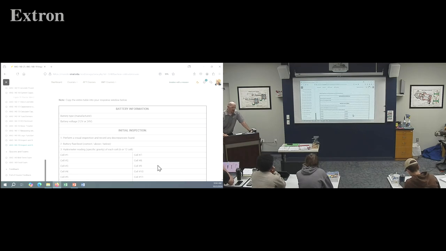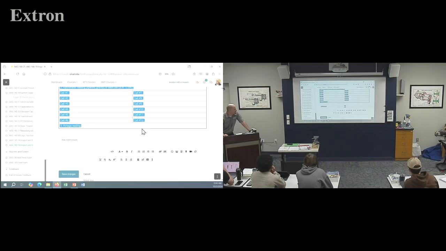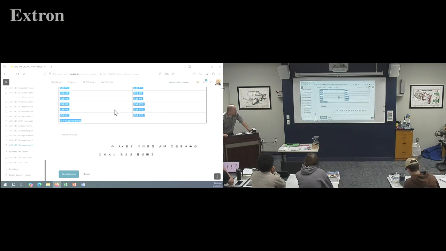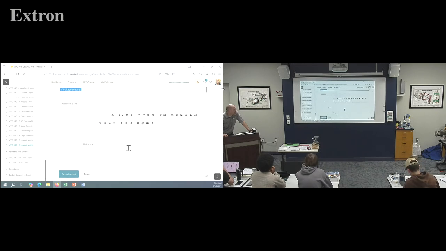So you'll get your mouse in just the right spot, highlight it all, right-click it, copy it, and then in the Add Submission section where it says Online Text, go down and right-click again, paste, and now I have everything that was in the instruction section down in here, and this part I can type.